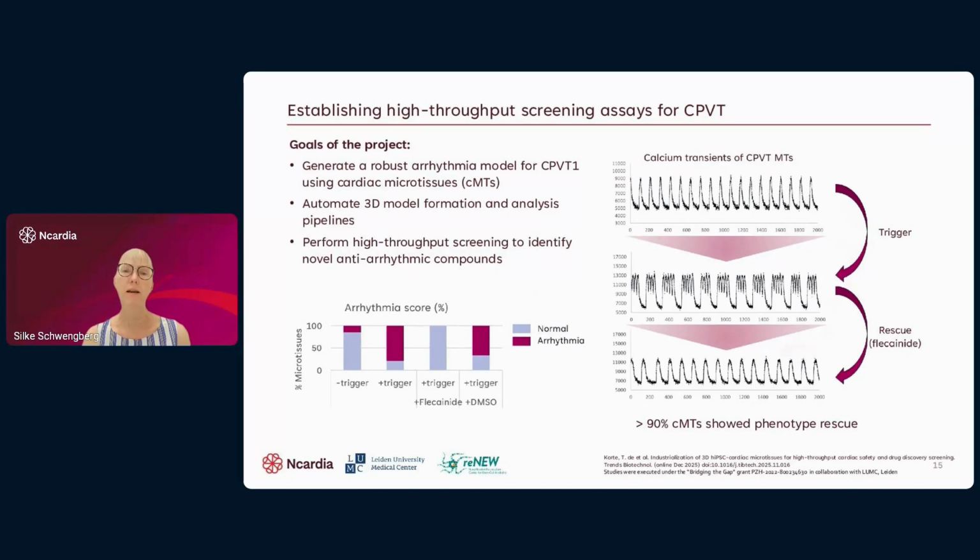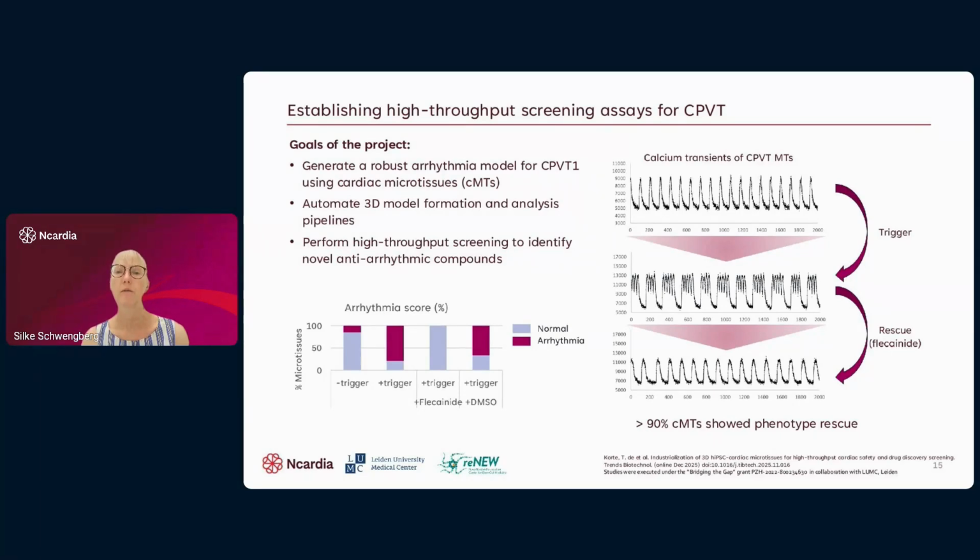And then when you translate that into numbers, and this is what we call an arrhythmia score, the percentage of the microtissues that show arrhythmia without adding the trigger is really small. But then when you add the trigger, approximately 90% of the cardiac microtissues show a phenotype.